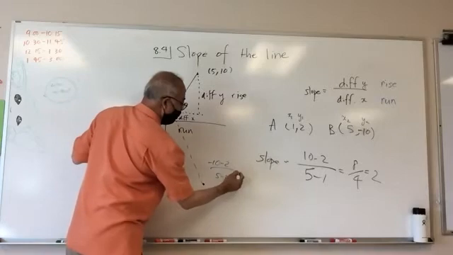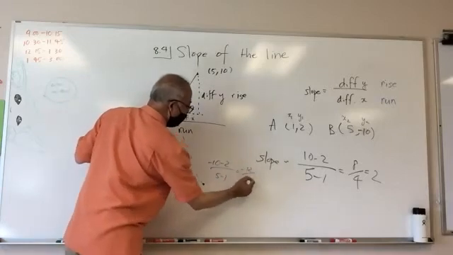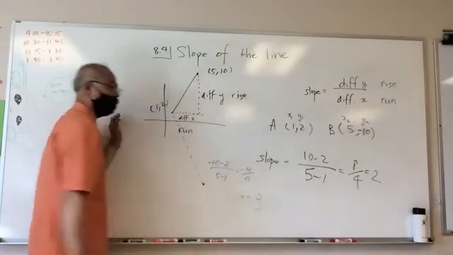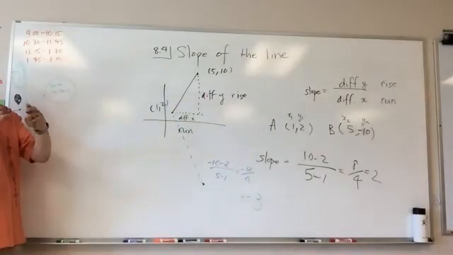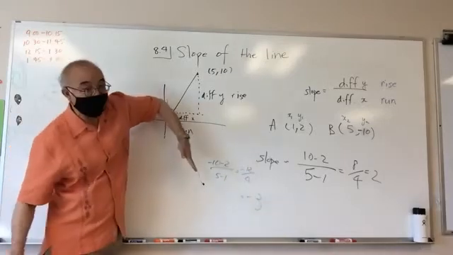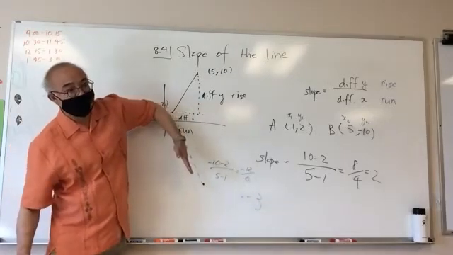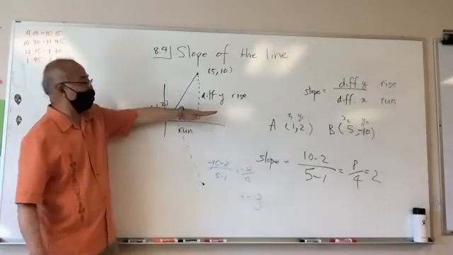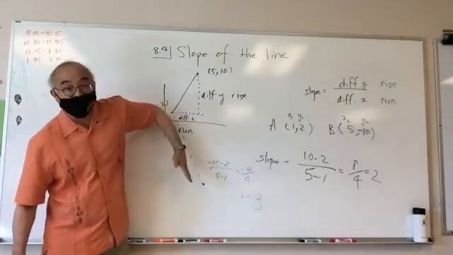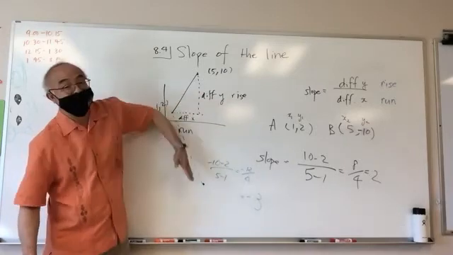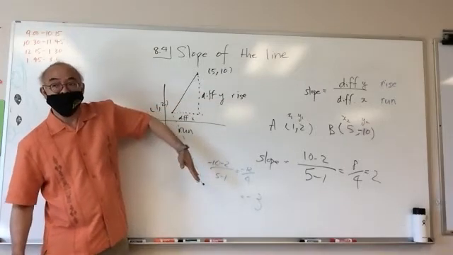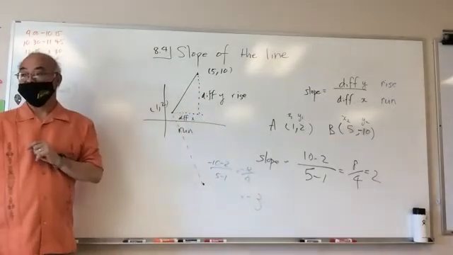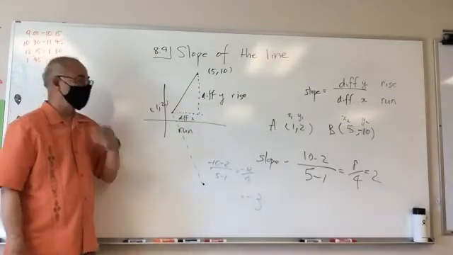So I'm going to get -12 on top, 4 on the bottom, which is -3. So when the line is pointing downwards, it means I have a negative slope. Does that make sense? Because instead of rising, I actually went down. So the rise is negative, which makes the slope negative, because the run is still positive.